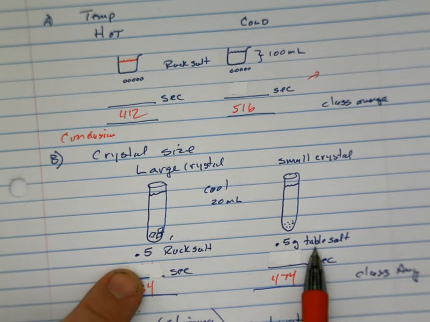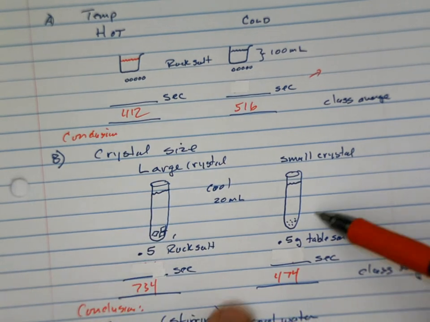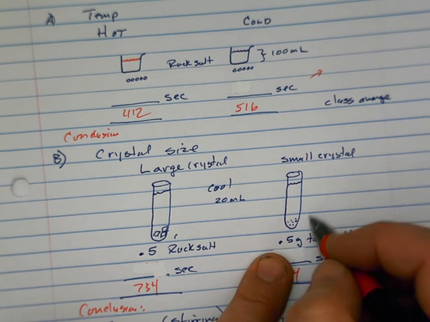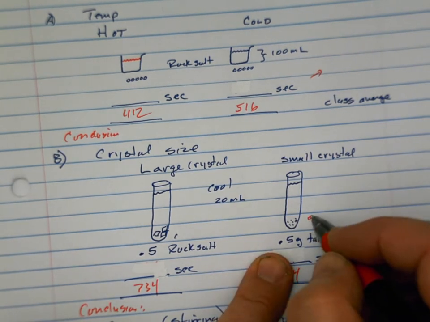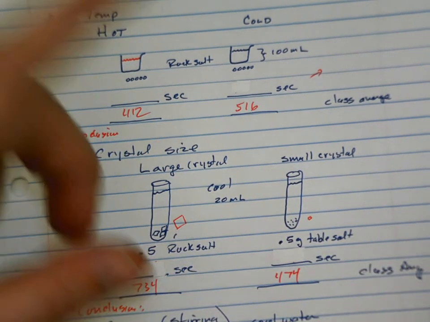You were supposed to have 0.5 grams of rock salt in there. And then the small crystals took only 474, about 150 seconds less. So the smaller particles dissolved much quicker than the big ones did.